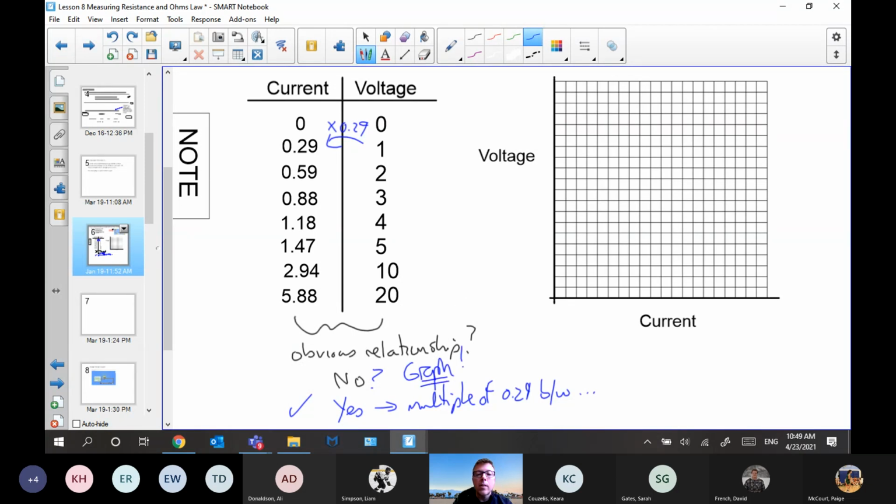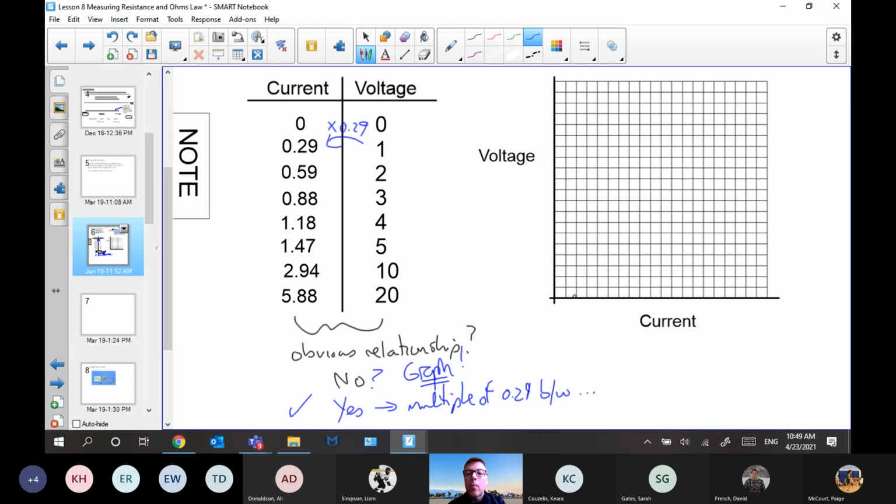And there's a good discussion here that we want to have to do with this. So for graphing this, we want to have the voltage go all the way to like 20. We want the current to go all the way to 10 maybe or something.